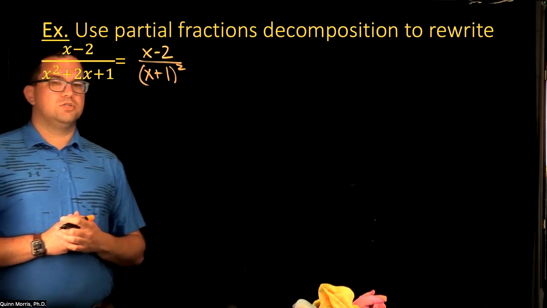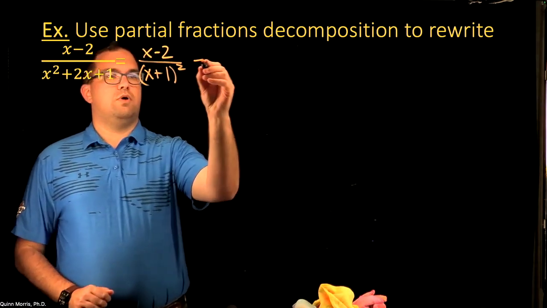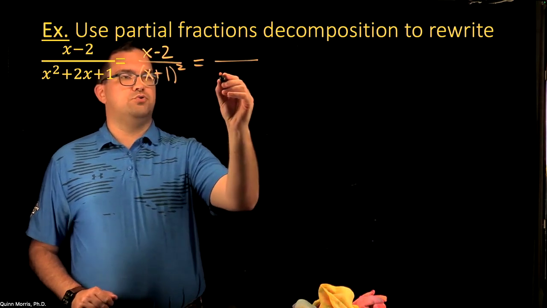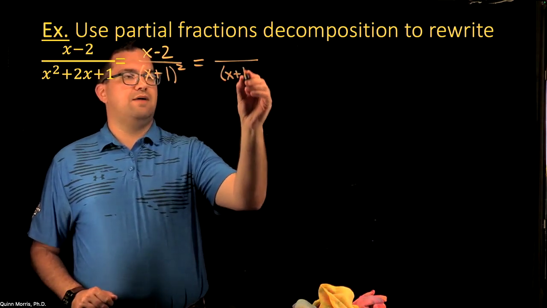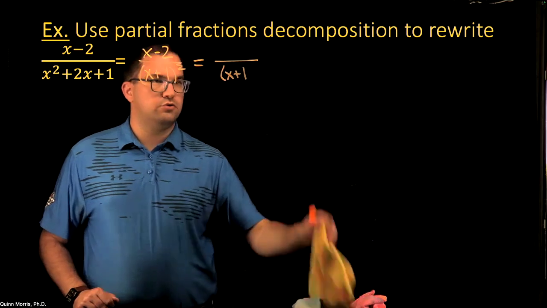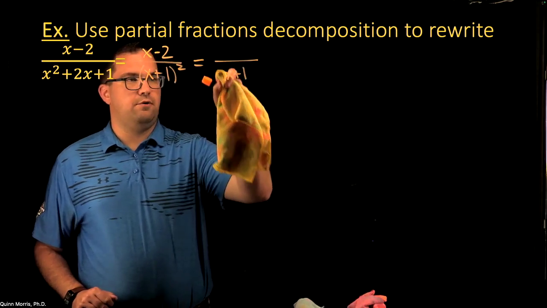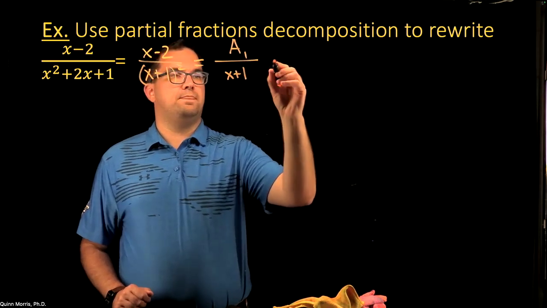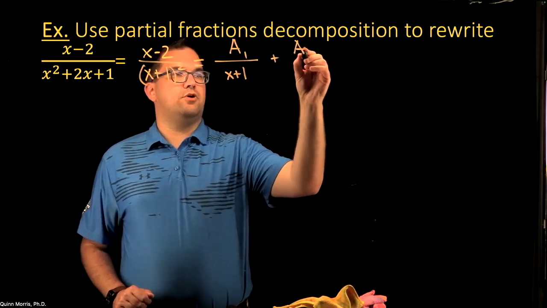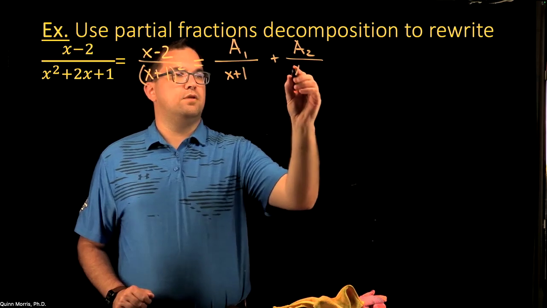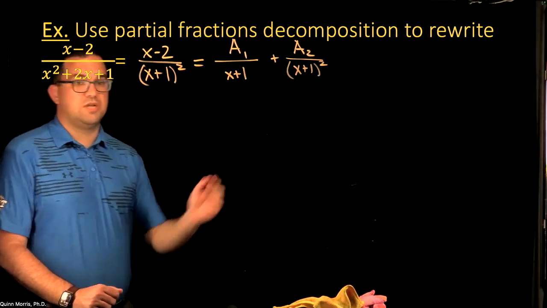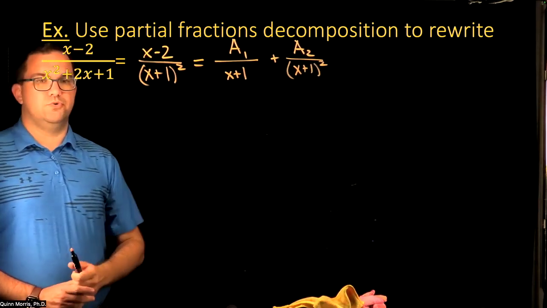Okay, so what I ought to try to do then, my highest power is 2 here. So I'm going to have two terms. I'm going to have x plus 1 in the first denominator, just to the first power, so by itself. And I'll have some constant there, plus some other constant over x plus 1 squared. And I'm going to stop at 2 because the highest power here is 2.